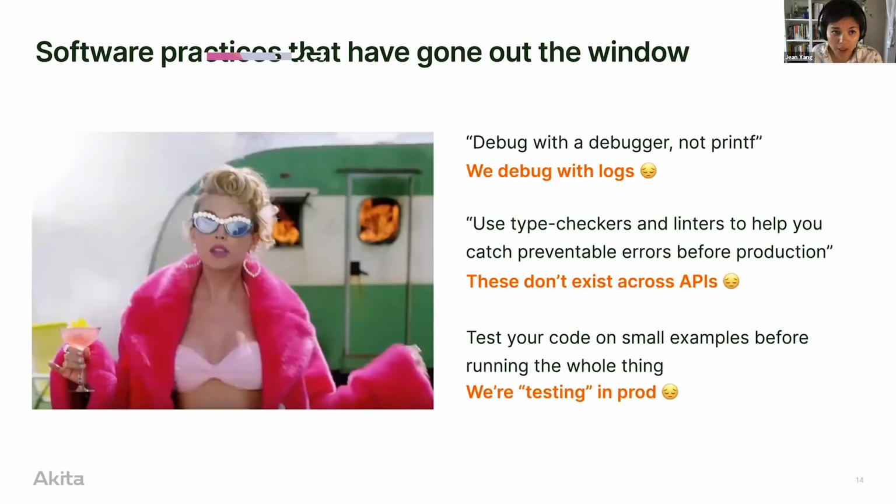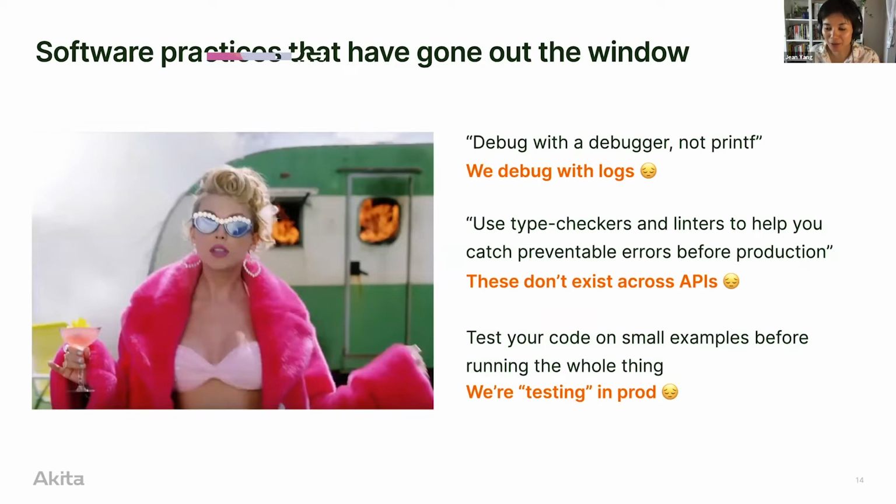So for me, major software practices went out the window. Everything I was teaching as a professor, everything I had learned: debug with a debugger, not printf. Everyone's debugging with logs now. Use type checkers and linters to help you catch preventable errors before production. These don't exist across APIs, even basic types that you have in languages less fancy than Rust.